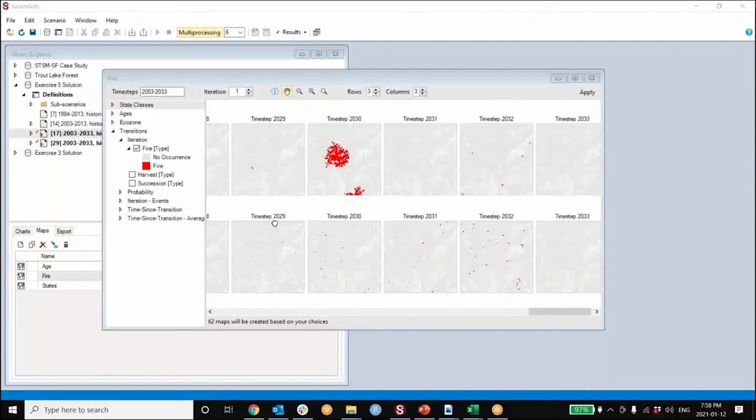It can include stochasticity, it can include whatever you like in that fire behavior model. It predicts where the fires are.